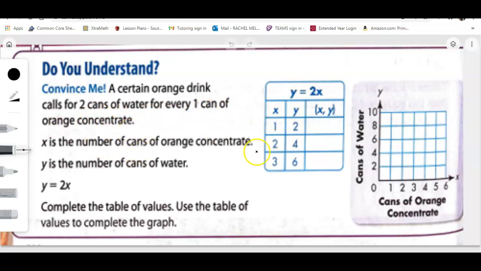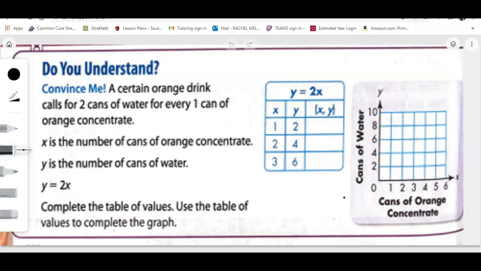They're saying that the x, so down here I can see on the graph, x is the amount of cans of orange concentrate, and then y is the number of cans of water. So like if you go get one of those frozen orange juices from the grocery store that's in the frozen section, if you put one of the frozen cans in for your mix, you have to put 2 cups of water. Okay, so they're really giving us a context there.